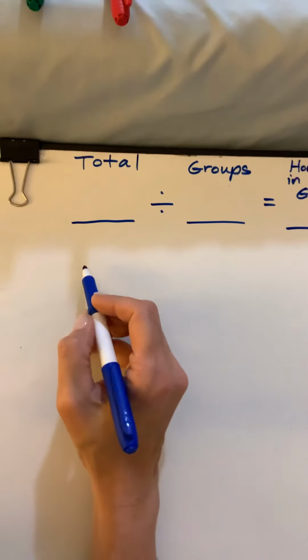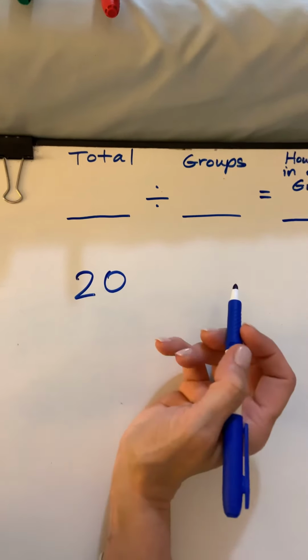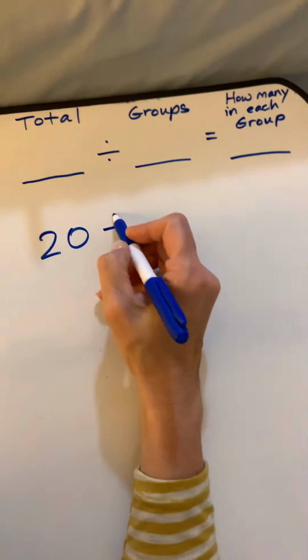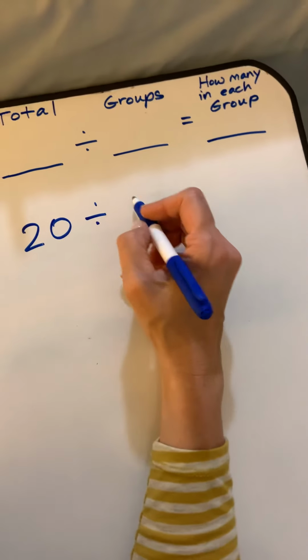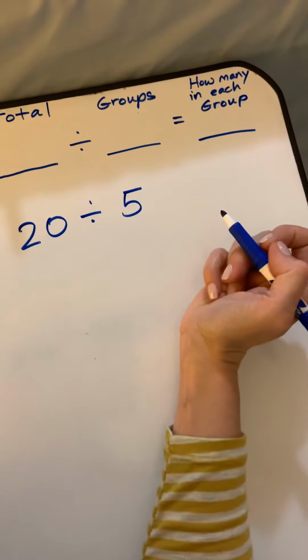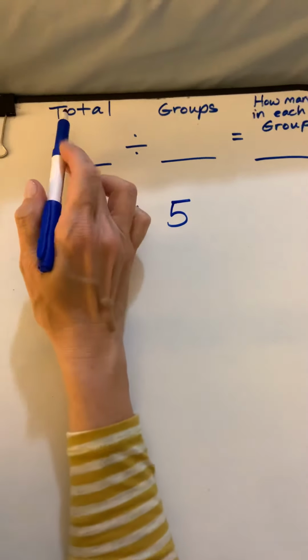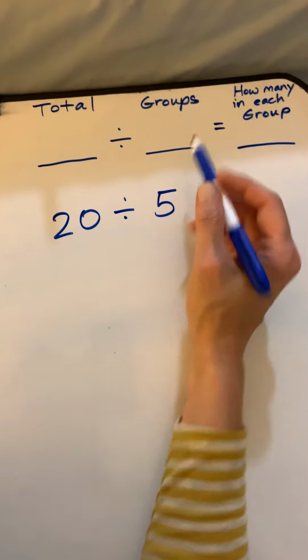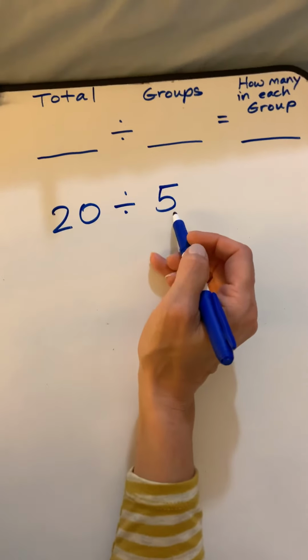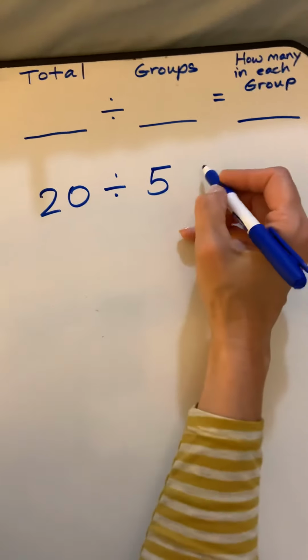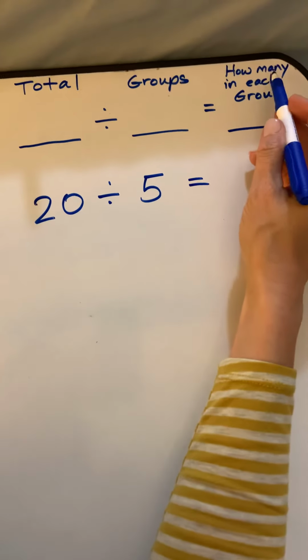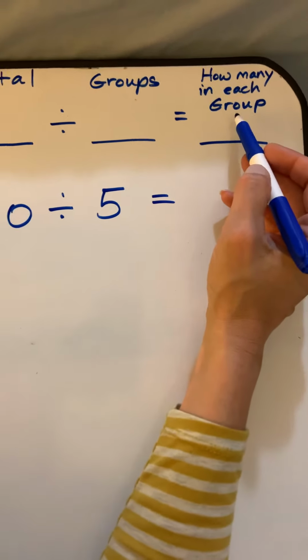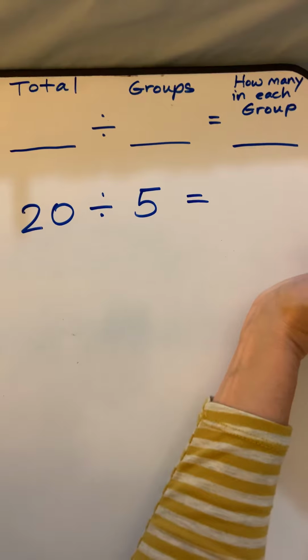So if I have a total of 20 pennies, and I want to put them in groups of 5. So I have 20 total. They're going to be in 5 groups. So I'm going to divide them into 5 groups. And the question is, how many will be in each of my groups?